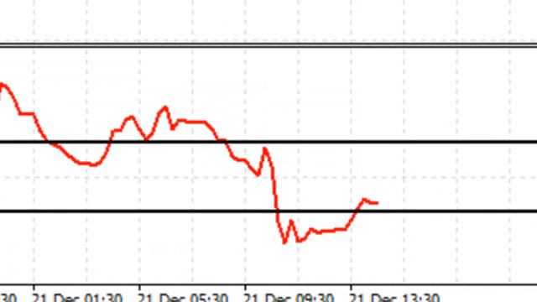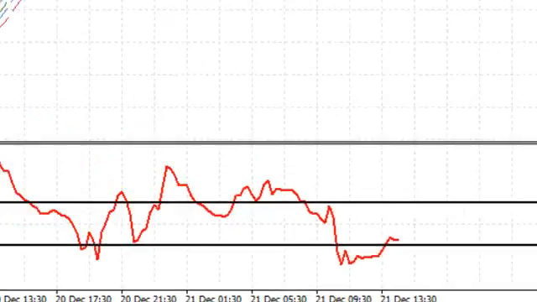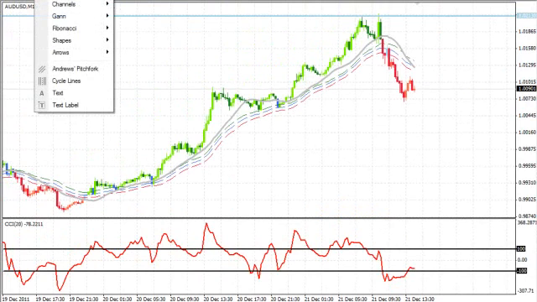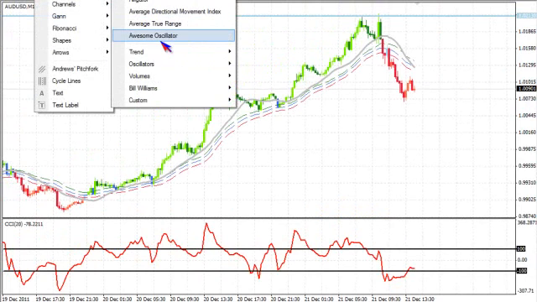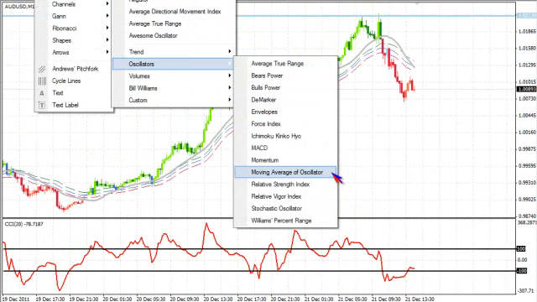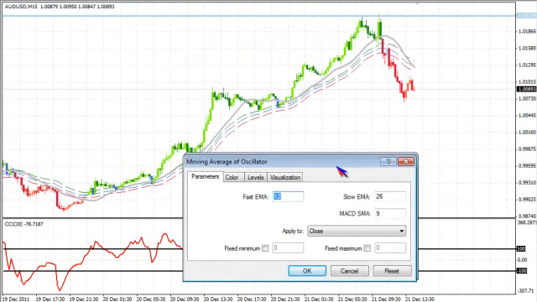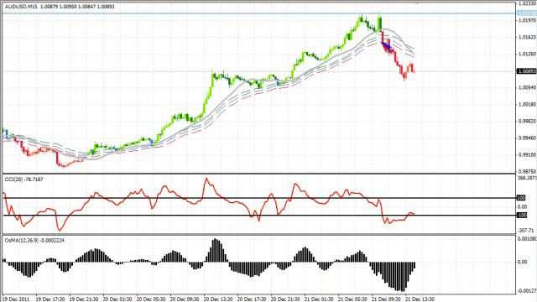If we break the 34 period EMA low and accompanying that is at least a negative 100 CCI, that's a wave reversal. Some traders like to use instead the moving average of oscillator, and that would just have to be negative at the time of the breakdown. Either one will do. I think the CCI is a little bit more discerning, but either one will do.